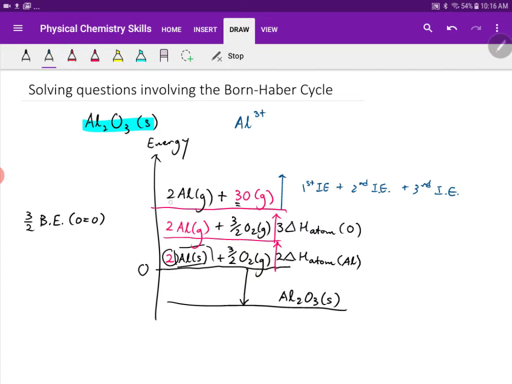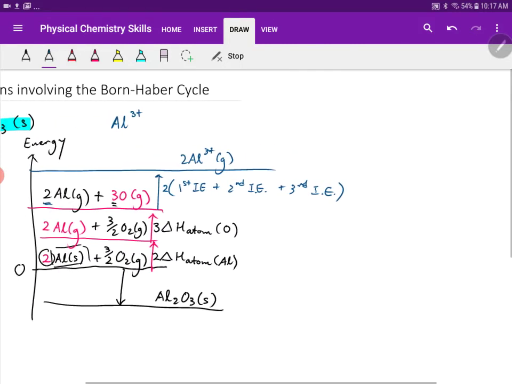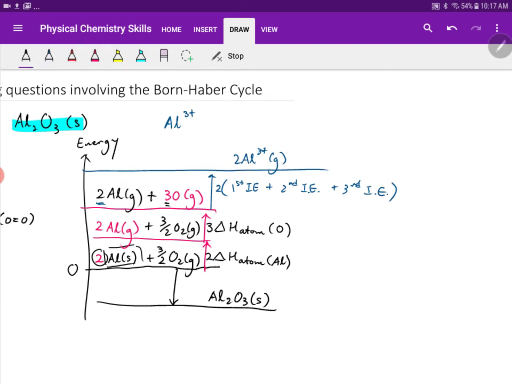Because there are 2 over here, I need to take 2 times this value, and what I'm going to get at the end of the day is 2 Al3+ gaseous plus 3 oxygen gaseous. So this is what we currently have.